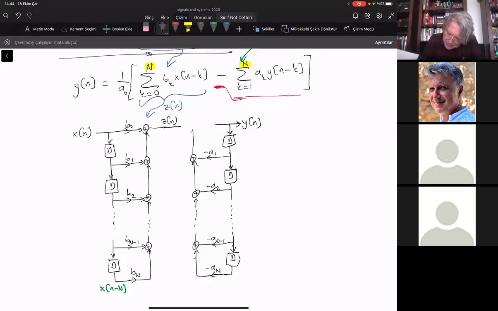And finally, the input will be combined, and everything inside the parentheses is achieved at this point. And that everything is multiplied by 1 over a0. And that would make y of n.